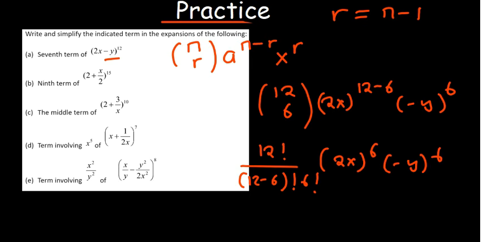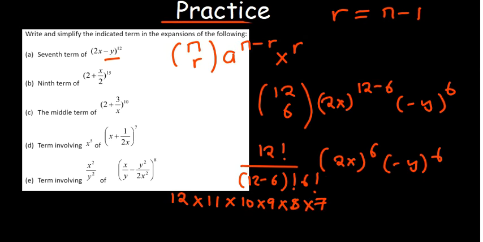Whenever you raise a negative number or variable to an even power, it is going to be positive. For the sake of simplification, for the 12 factorial there, you remain with 12 times 11 times 10 times 9 times 8 times 7.